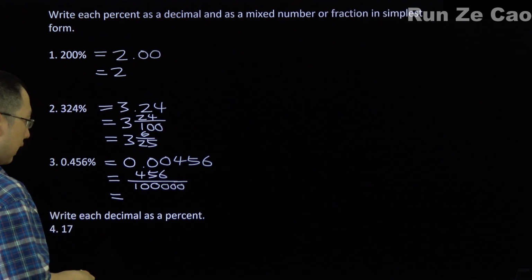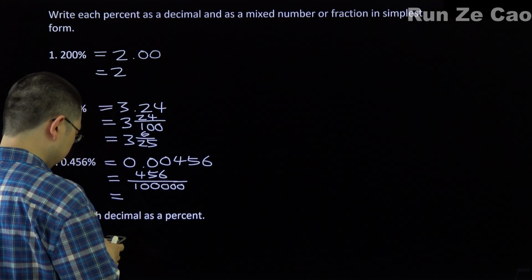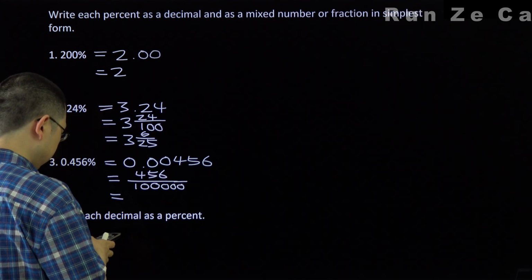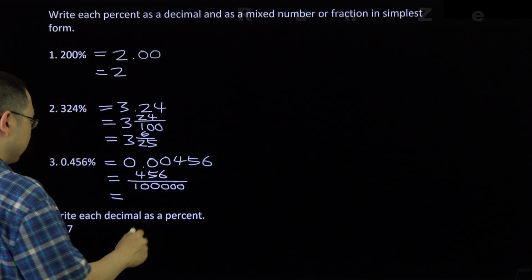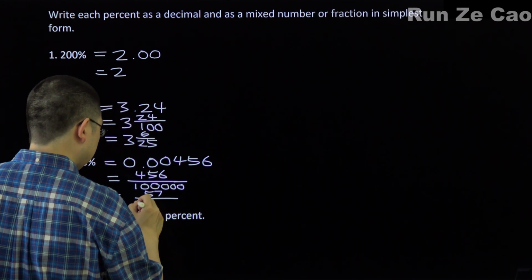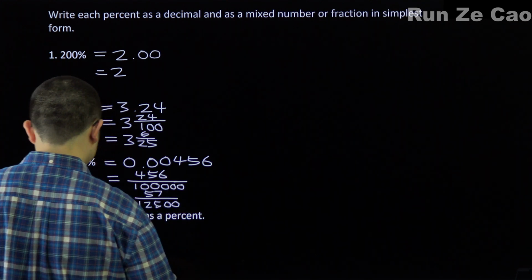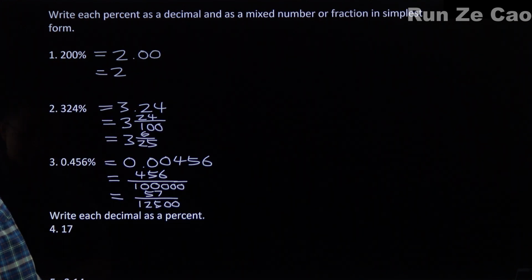And what can we cancel there? Oh, 456 divided by 4. We can see that. Actually, we can divide by 8. Oh, we get down to 57 over 2500. Okay.